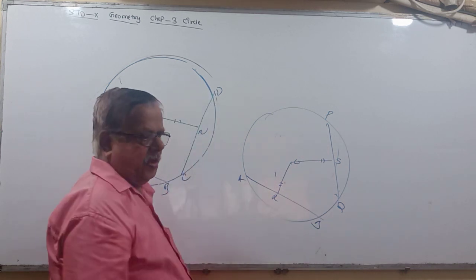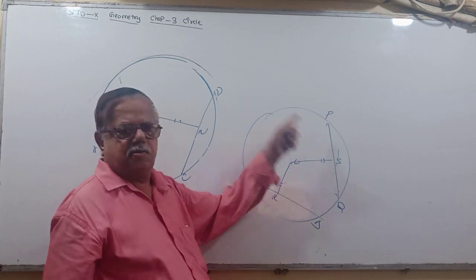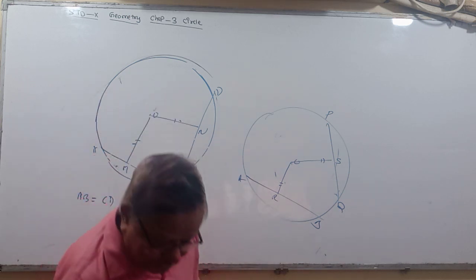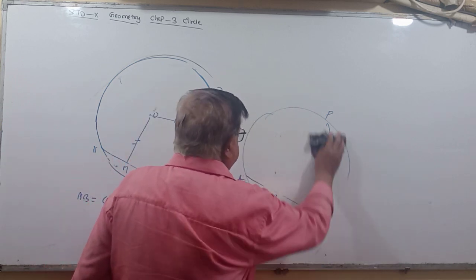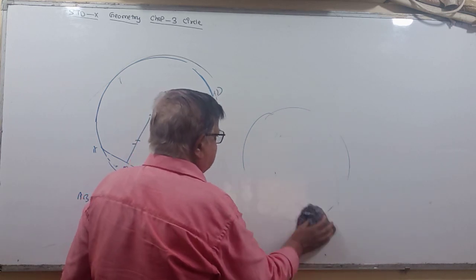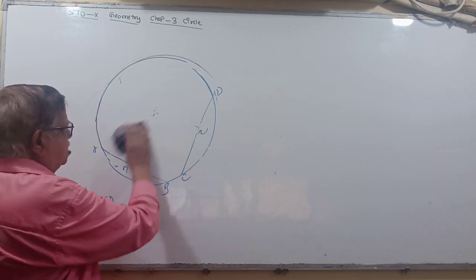Chords which are equidistant from the center are congruent. This is the converse of the theorem. Equal chords are equidistant from the center. These are the theorems which we have studied.